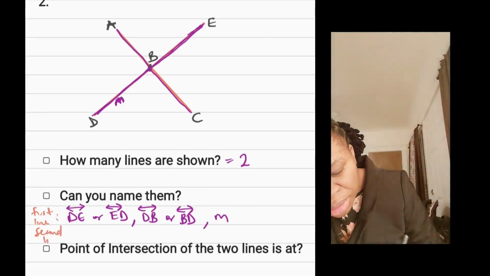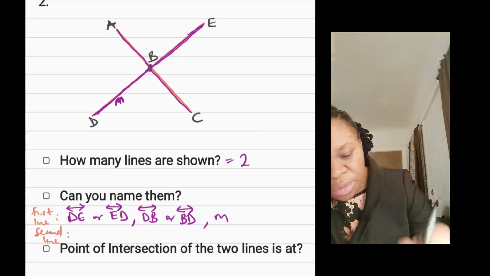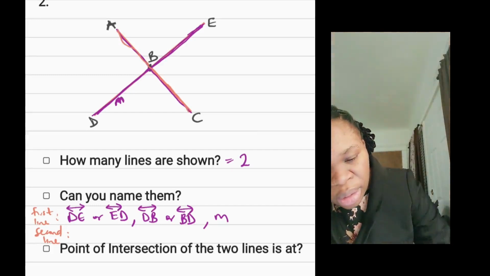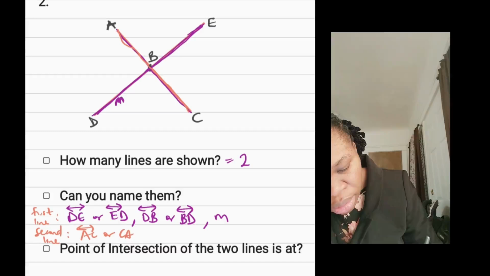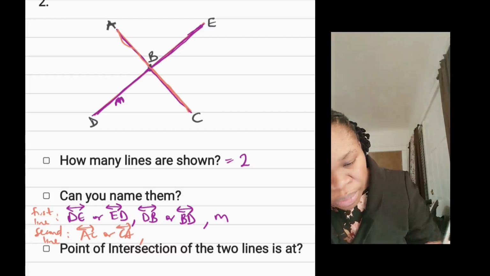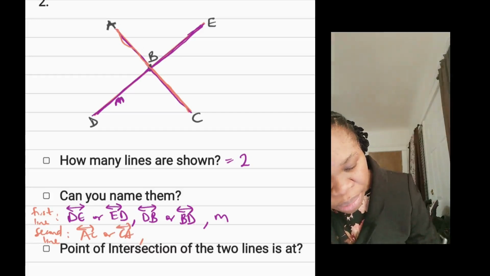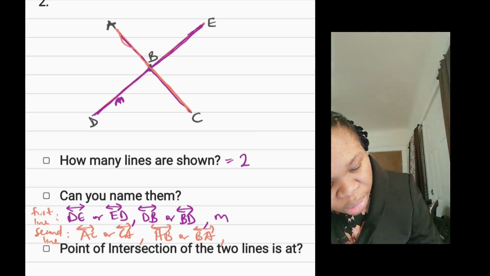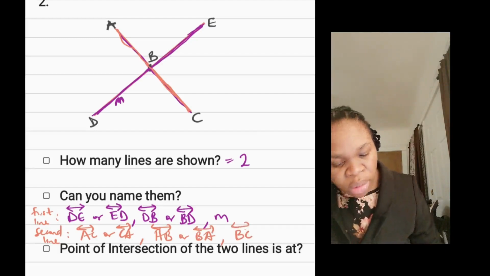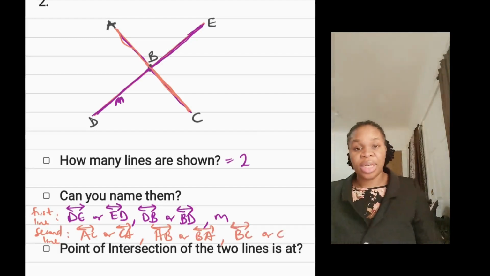Now for the second line, we have AC or CA. We also have AB, BA. We have BC, CB. And that is all for this line.